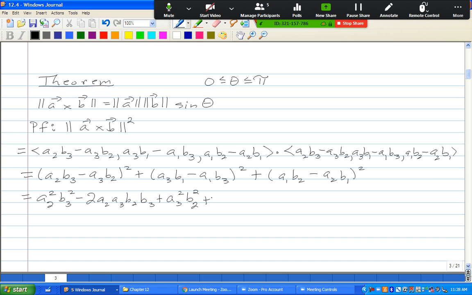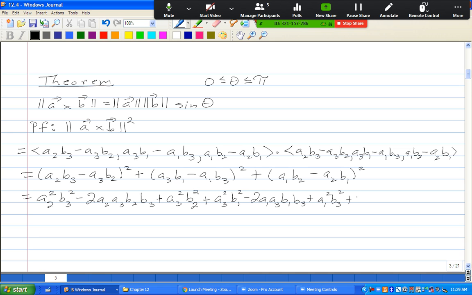Now let's square the second one: A3 squared B1 squared minus 2 A1 A3 B1 B3 plus A1 squared B3 squared.